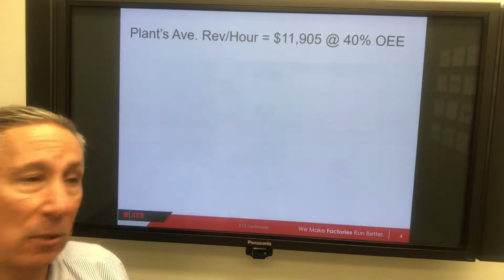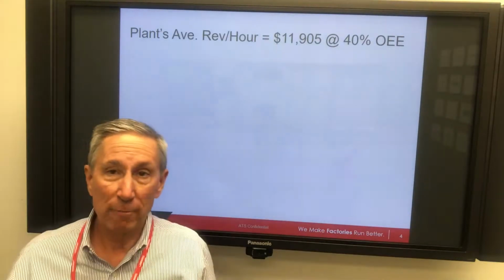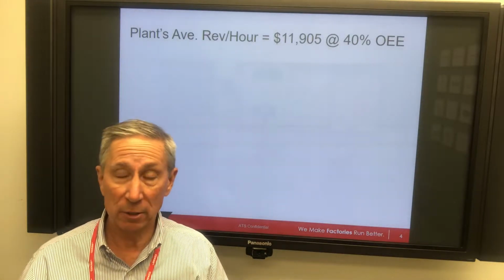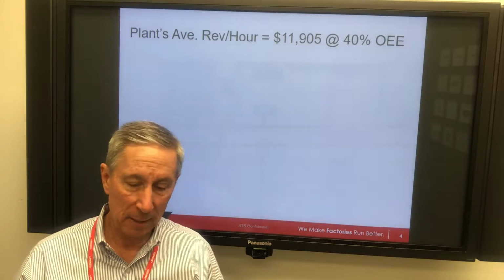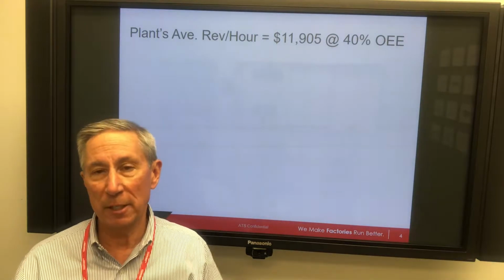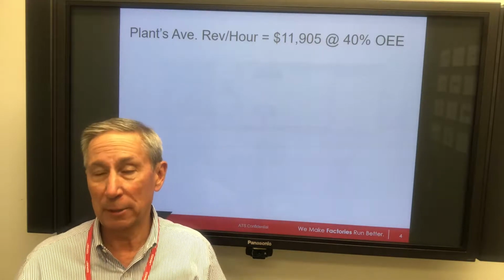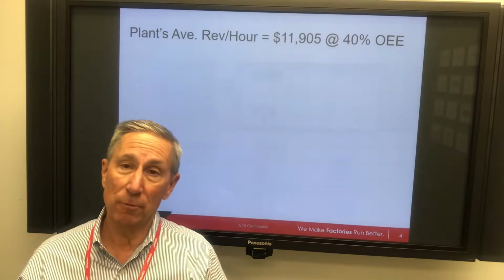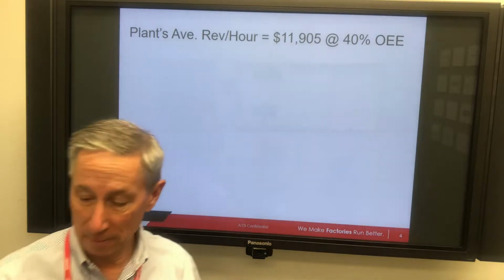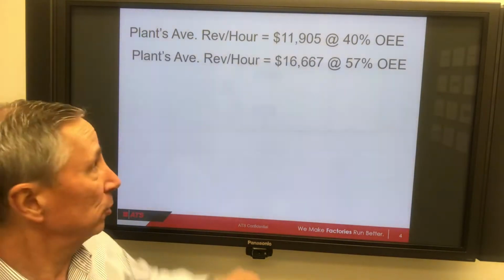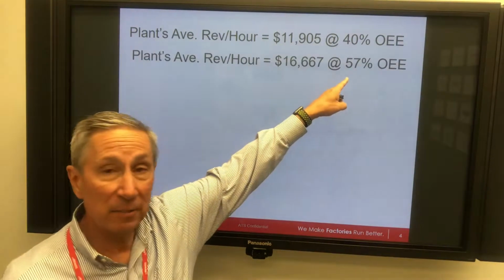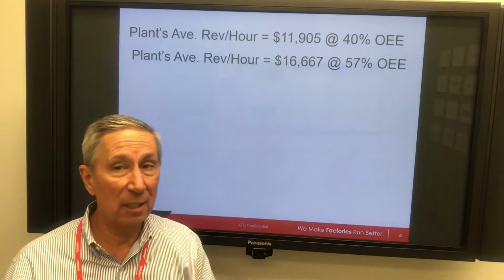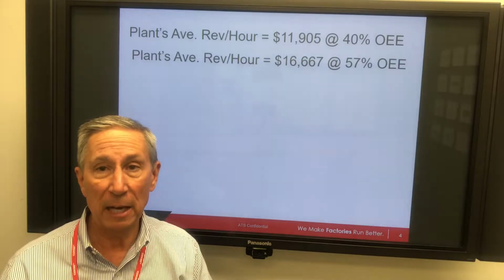So let's say we look at this, we know we're averaging $11,900 an hour, and that's at 40% OEE. So we did some back of the napkin calculations: what do we need to move the needle? Where we're really going is we're trying to drive some efficiency and shut the weekend shifts off, shut Saturdays and Sundays off, which predominantly are worked overtime. So we did some calculation and we said, okay, we need to be at 57% OEE, and I'm going to show you this in a minute, which is about $16,667 an hour.